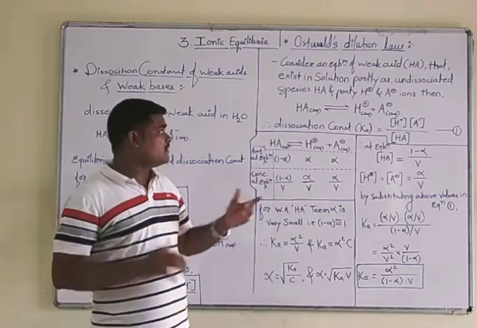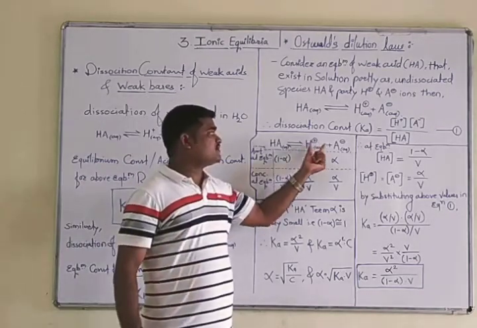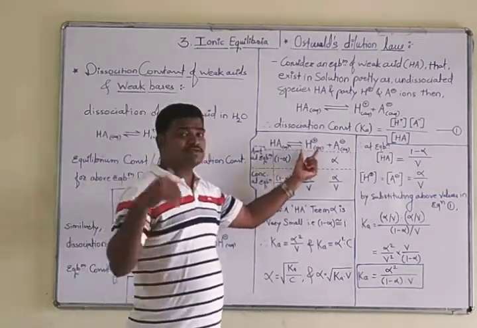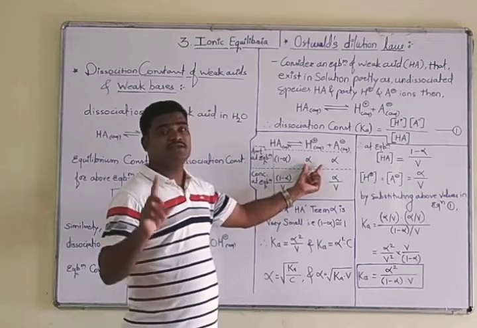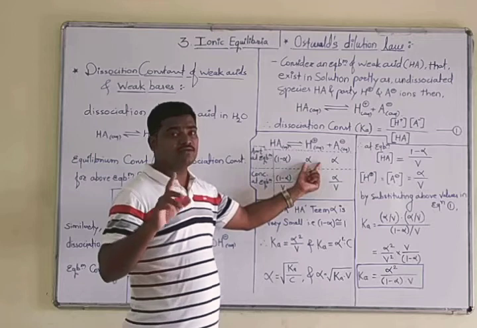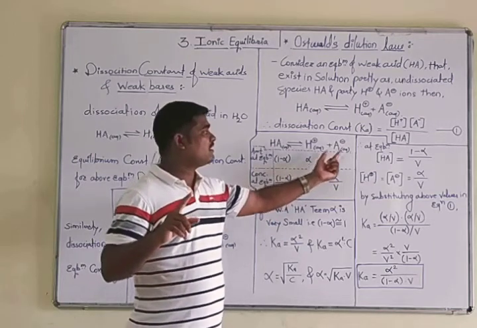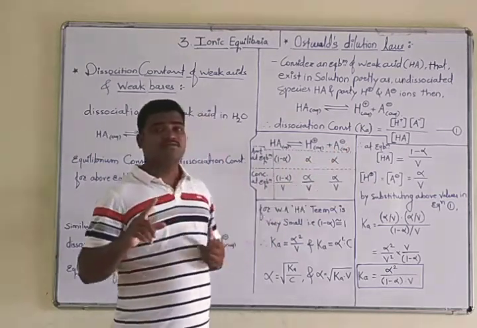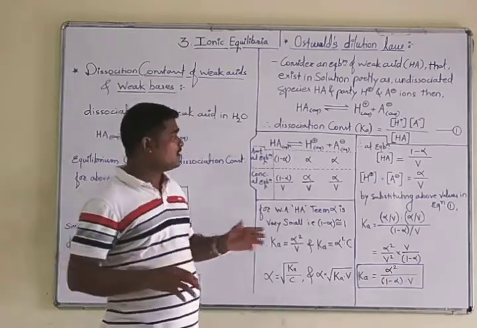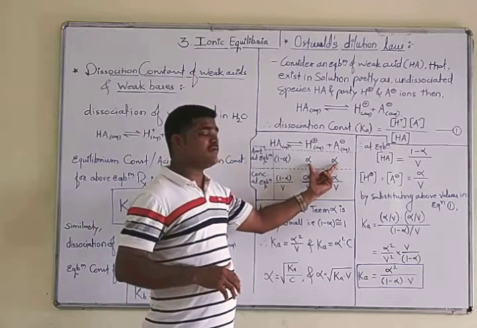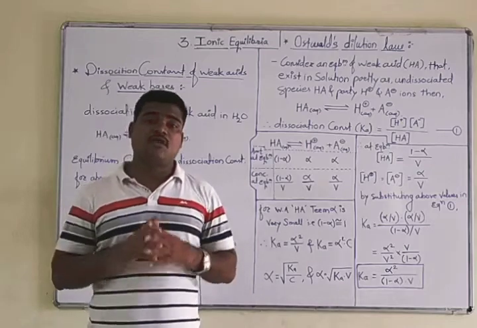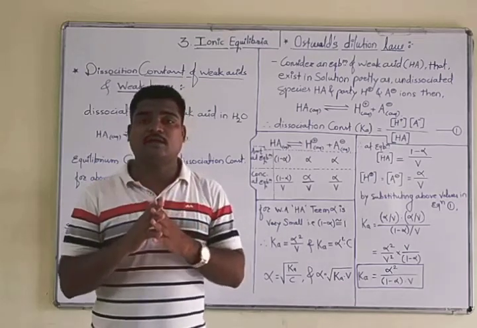And for the fractions of these two ions which are dissociated, how much dissociation is taking place, I have taken as alpha. That means the H plus which is dissociated, that fraction at equilibrium will be alpha, and the A minus fraction present at equilibrium will also be alpha. So if I consider these as alpha and alpha, how much undissociated fraction of HA will remain at equilibrium?